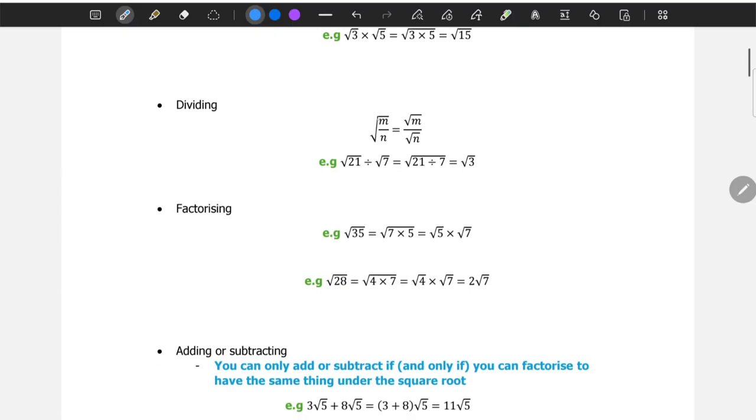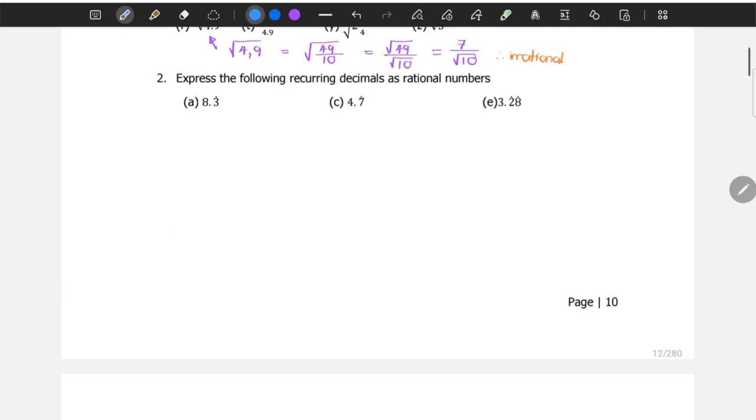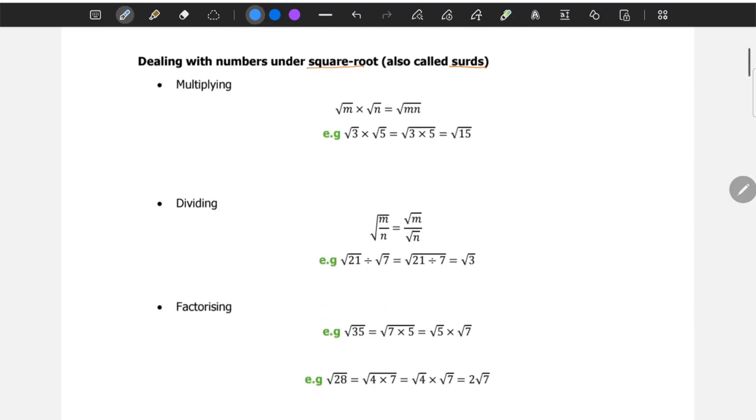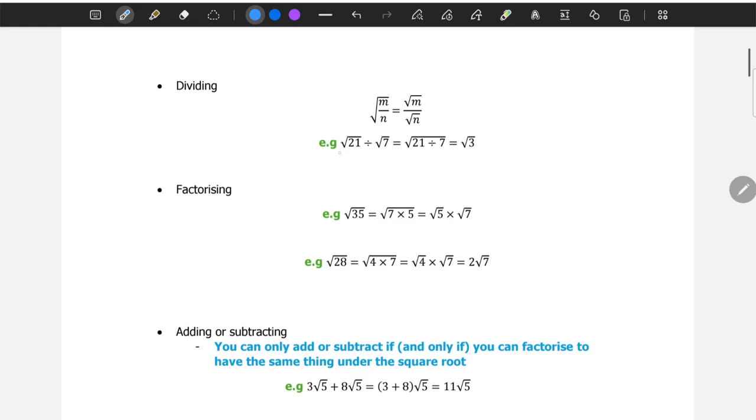When you're dividing, for example, square root of m over n is the same as saying square root of m divided by square root of n, which is the same thing that I did here with square root of 49 divided by 10. Right, it's the same square root of 49 divided by square root of 10. So that's the thing that we do here with division.